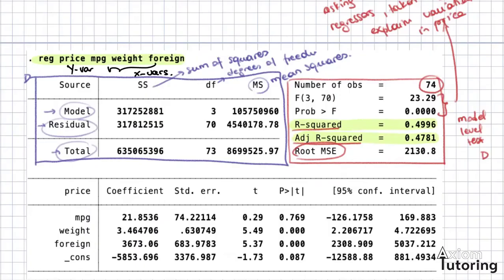But for now, keep in mind when you just start with econometrics, the go-to number that you have to explain most of the time is the R squared, which tells you how much of the variation in price is explained by the model. Now, keep in mind, this is a misconception in general, but a higher R squared does not mean the model is causal or correct. Okay, so it only describes a fit.